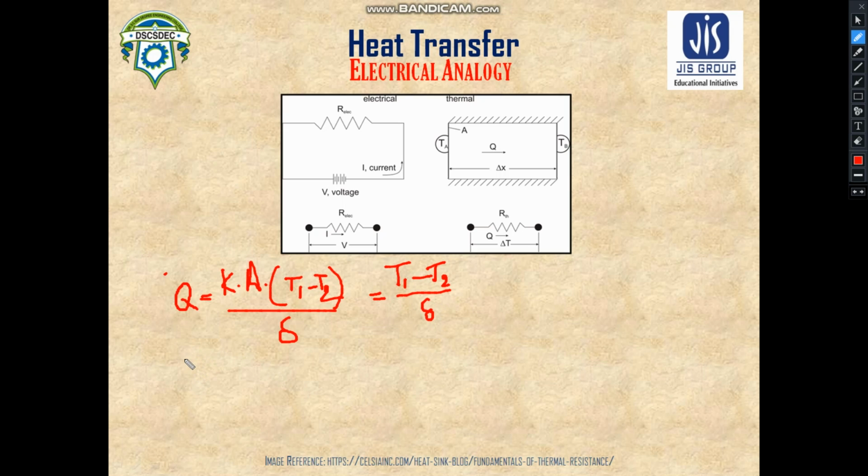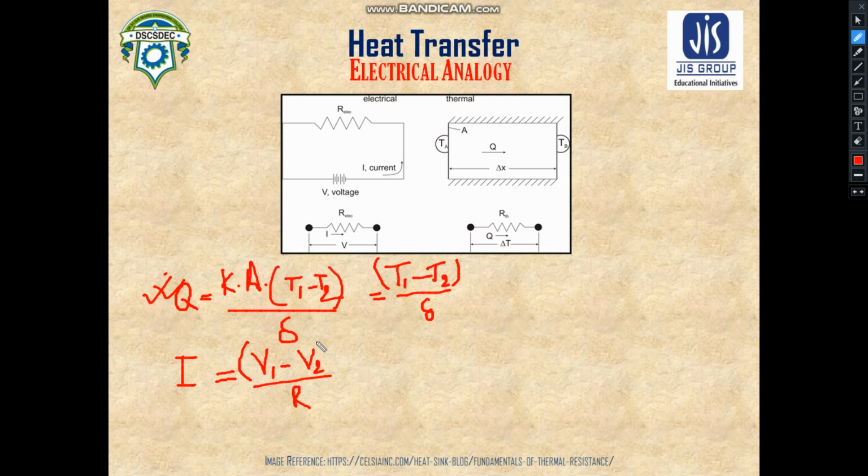Now, if you consider Ohm's law, you know that electricity, or current, as we say, can be represented by this also. Now if you equate these two equations, if you try to find the similarities between them, you will understand that this is a flow quantity. Heat flows through the surface. This temperature difference is the reason because of which heat flows.